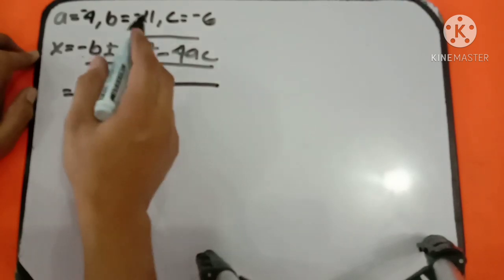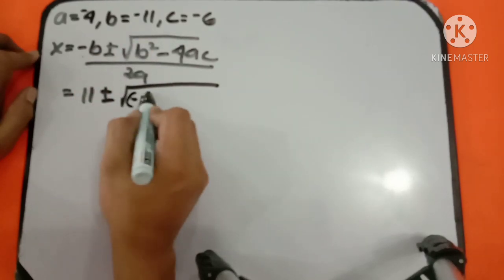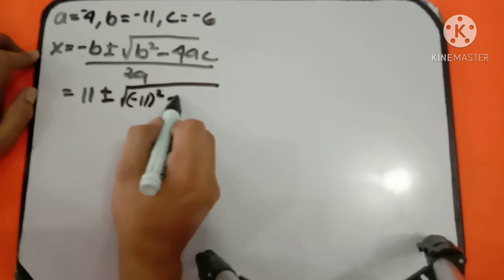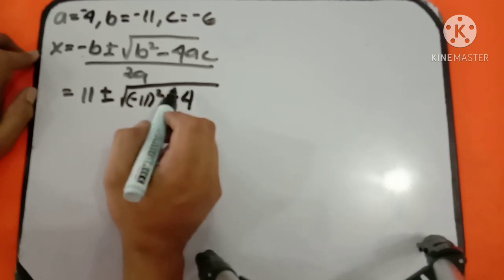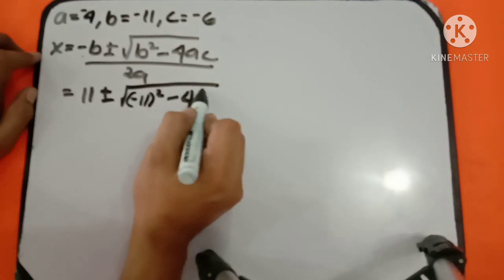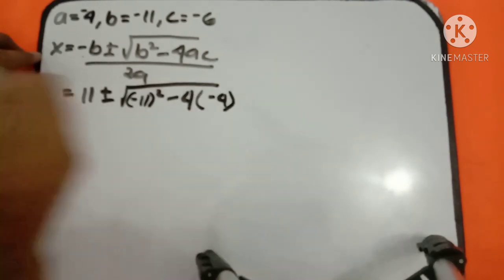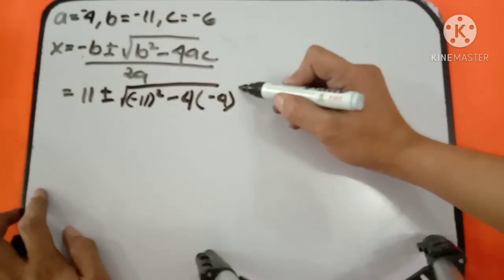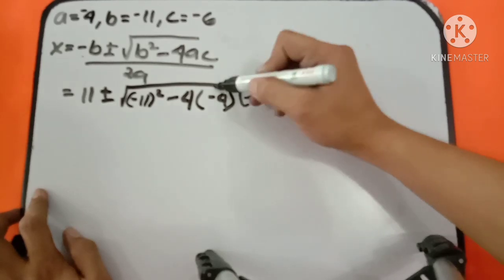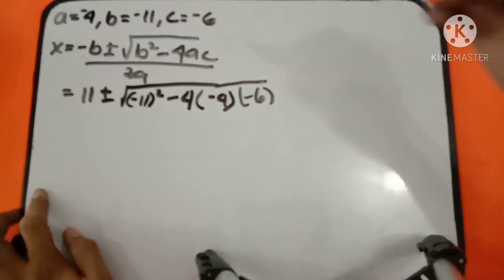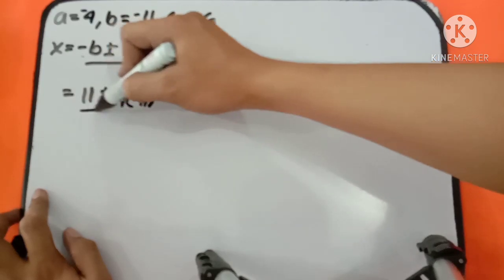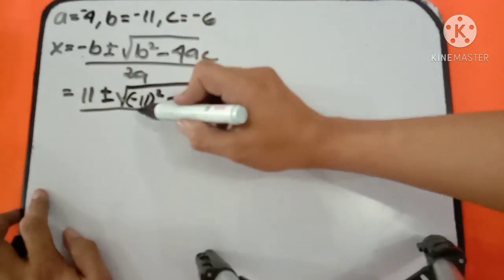Then b squared, so here negative 11 squared minus, copy 4 because 4 is constant. Then our a is simply negative 4 and our c is negative 6. Then we have to divide all the terms by 2.